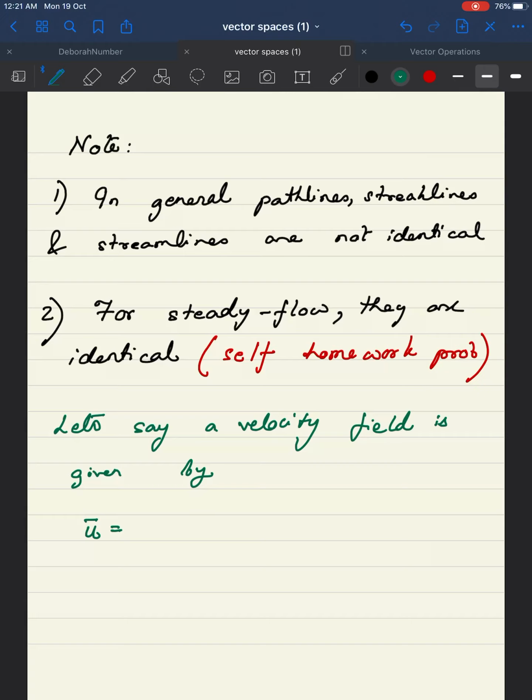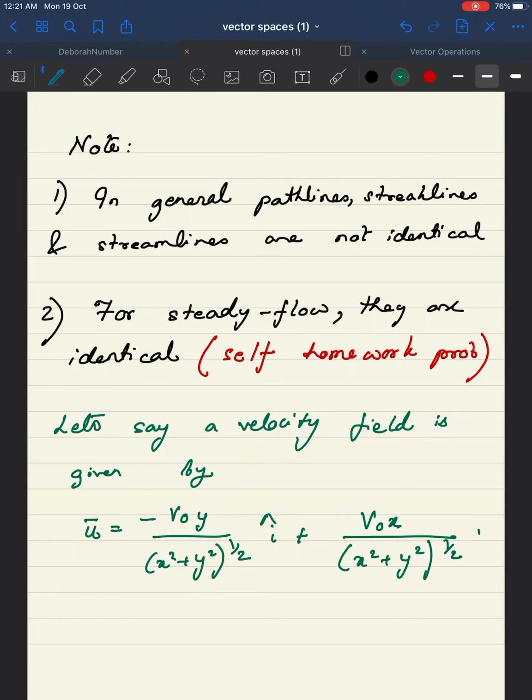In this particular case it is u = -v naught y / (x^2 + y^2)^(1/2) i hat + v naught x / (x^2 + y^2)^(1/2) j hat. So a two-dimensional velocity field is given to you. So u is a two-dimensional velocity field and the flow velocity is not uniform.